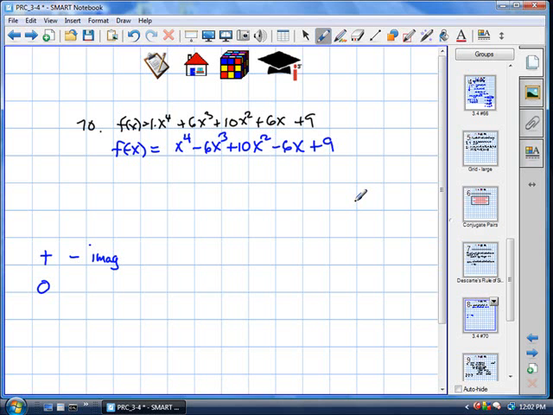What's negative x cubed? Well, that's going to be a negative. And what's a negative times 6x cubed? It's a negative 6. So okay. Now how many sign changes do I have here? 1, 2, 3, 4. That means for negative solutions, I either have 4, or 2, or 0.